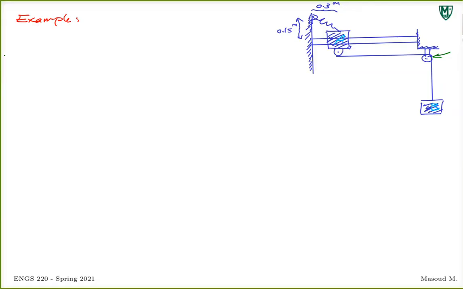Right, and A is also attached to some support on the wall on the left with the spring. So when A moves to the left, the spring is stretched and B goes down. Right? When A moves to the left, the spring is probably compressed if you go far enough to the left, and B moves up. Right? The system of two masses.